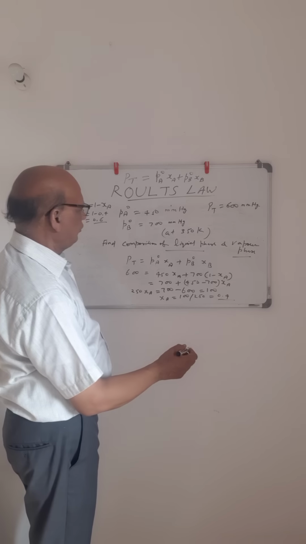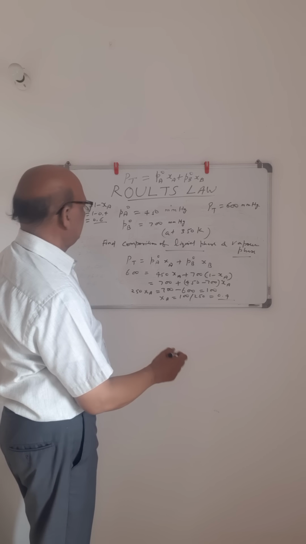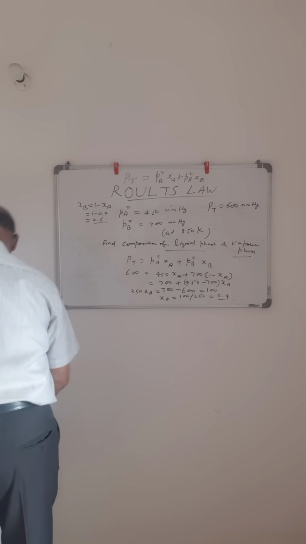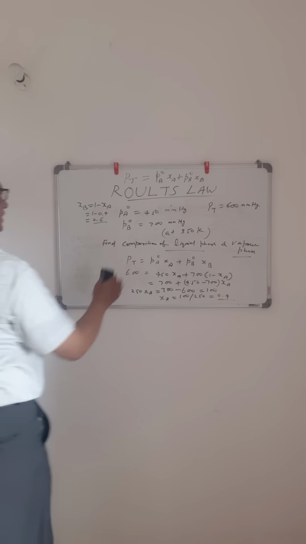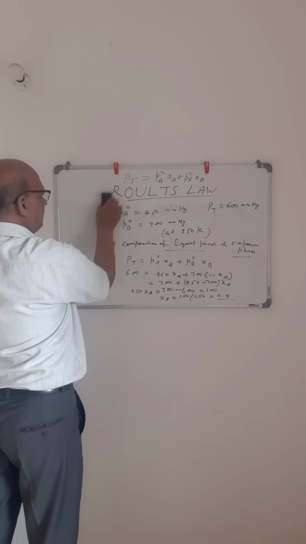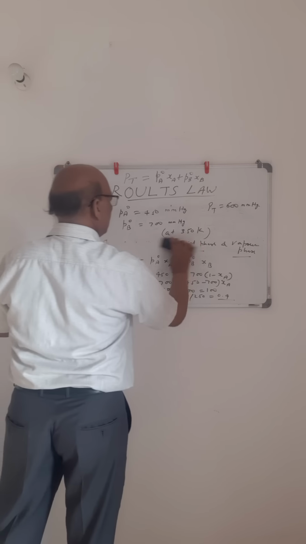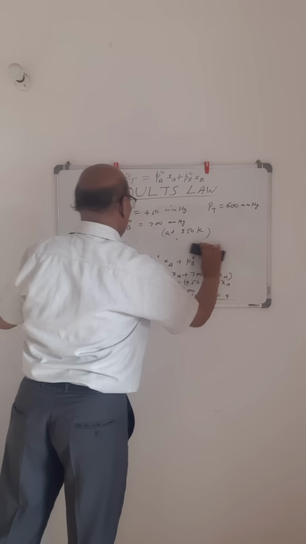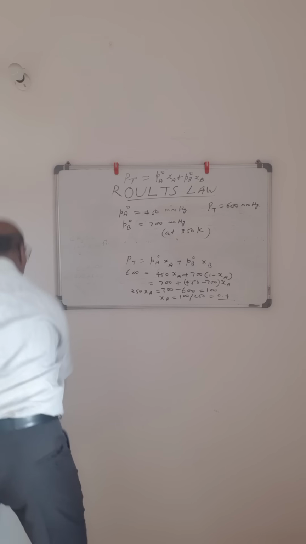So how to find the composition of the vapor phase? That is YA and YB. So what will be YA?